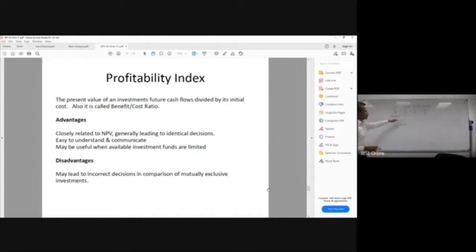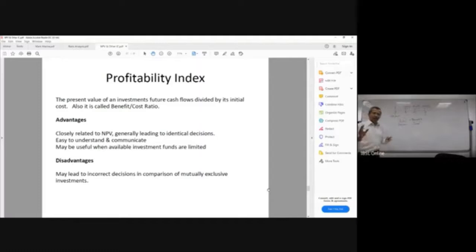Here we take the present value and divide it by the investment. So it is called benefit to cost ratio, right? Because present value is the benefit and 100,000 is the cost. So it's called profitability index or benefit cost ratio, very much related to NPV, and will give same results, same decisions, and easy to understand.